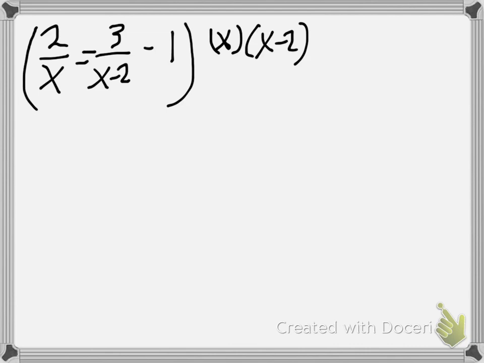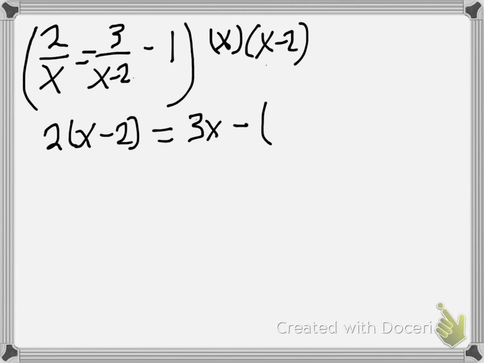Well, the x's will cancel. I get 2 times x minus 2. So I get this. Now the x minus 2's cancel, and I get 3 times x. And I get 1 times that whole thing, so I get x times x minus 2.